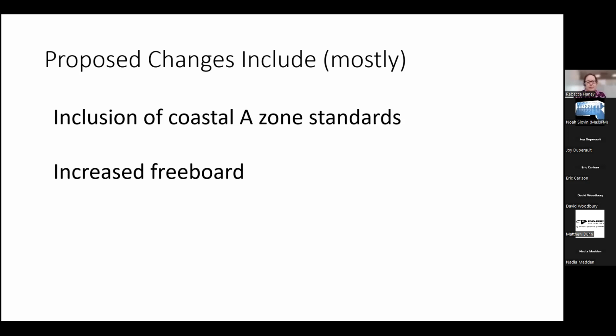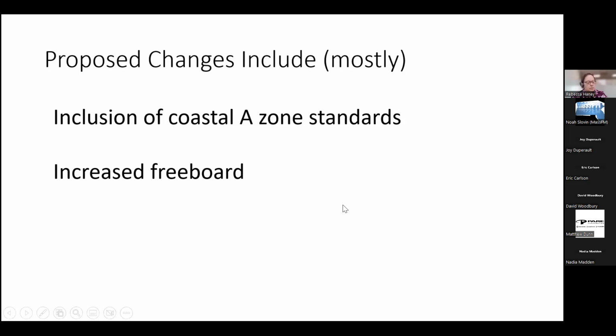They haven't happened yet, but as of right now, they are what is proposed. Like Rebecca said, coastal A zone standards have been in the I-Codes and in ASCE 24-14 for some time. We've removed those standards by amendment in previous editions of the code, but this time around, at least to some extent, those standards will be included.